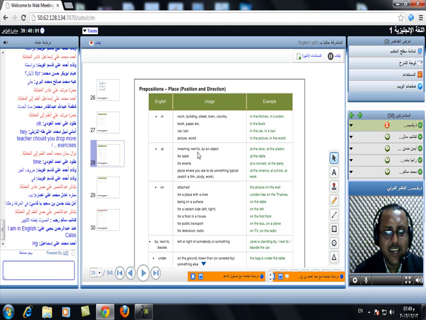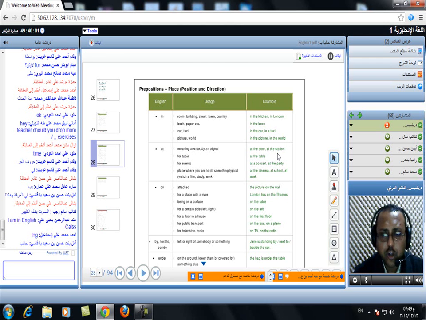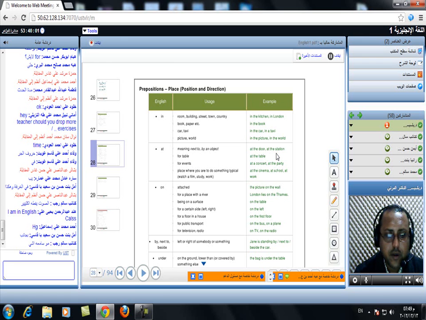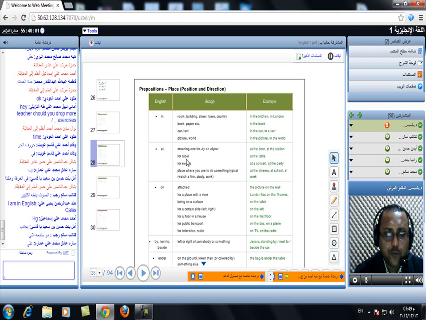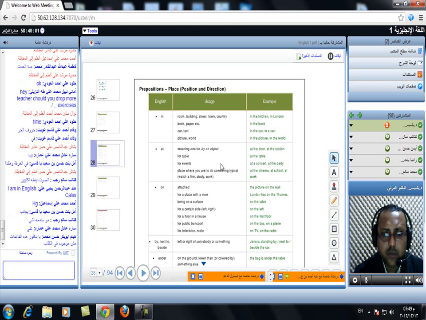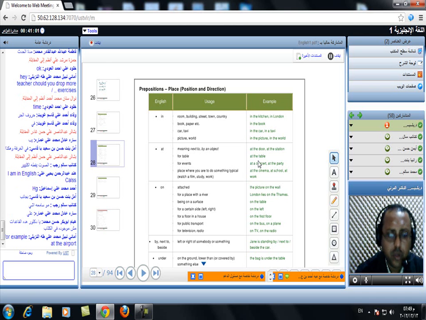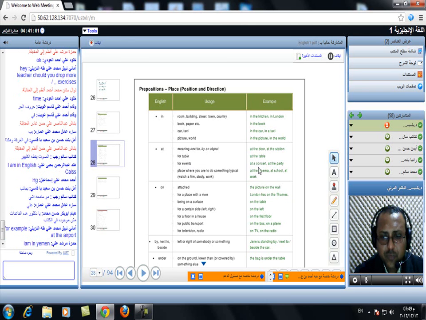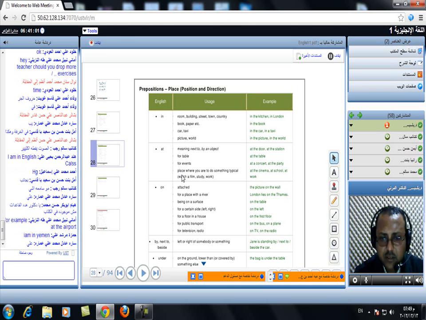At meaning next to. At meaning what? Next to, by an object. تقول مثلا at the door or at the station. At the table. For events: at a concert, at the party.